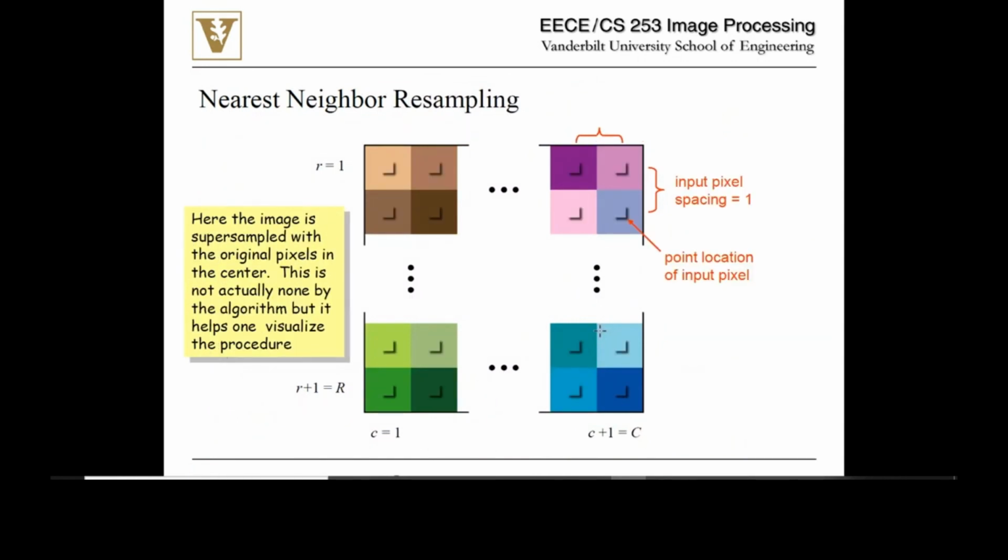So let's think a bit more about these fractional coordinates. Let's say that we have this input image, with a sampling rate of 1, so the distance between one coordinate and one pixel and the next is 1 pixel.